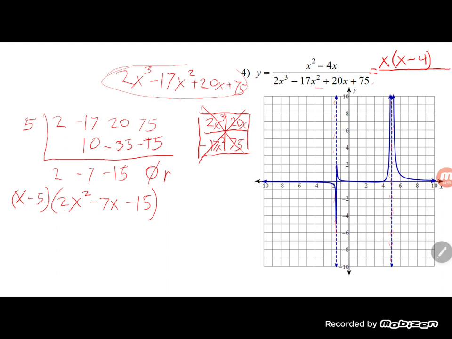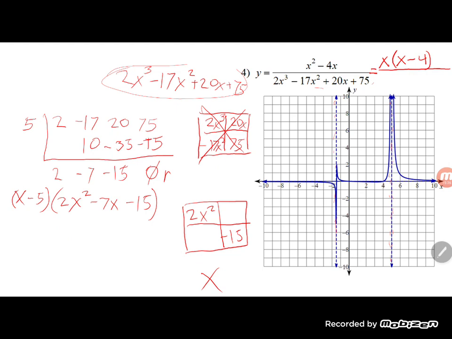Notice this is still a trinomial that should be factored. We can think about doing a box method, because if we have 3 terms and it is factorable, we should be able to use a box. So we'll do negative 15 right there, 2x squared. Now we have to figure out what goes in those 2 spaces. The best way to do that is to use our x method.